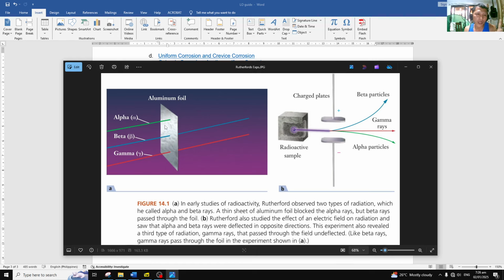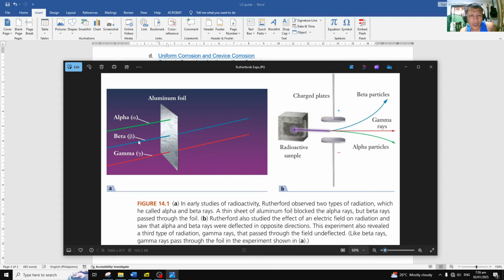He found that those rays that passed, he called beta, and those that didn't pass, he called alpha. Basically, alpha particles are actually helium atoms, so as you can see, it is already heavy. Helium atoms have a mass number of four, meaning two protons and two neutrons.